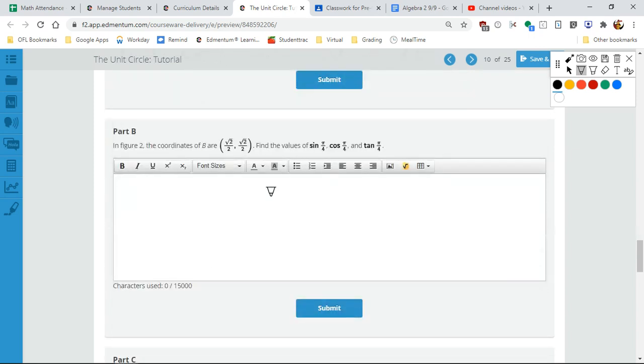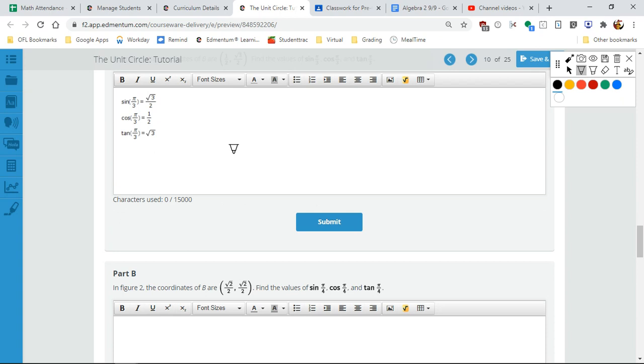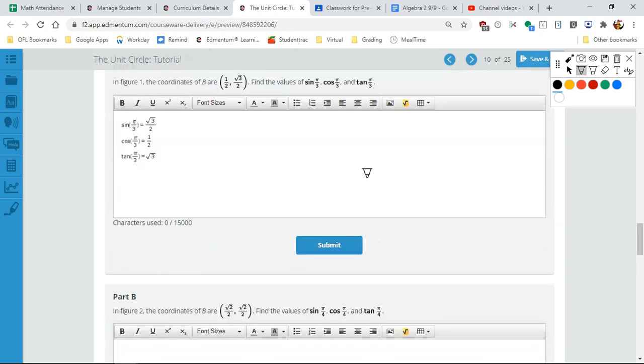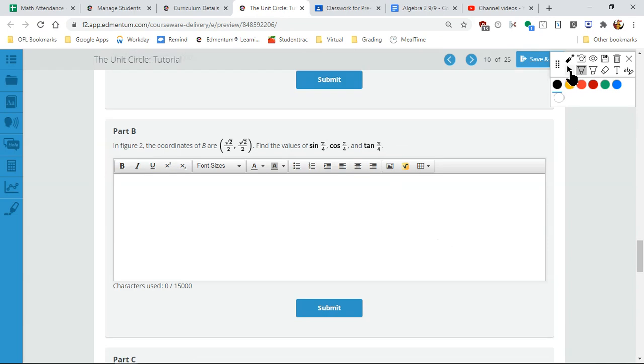So this one, we're talking about square root of 2 over 2. Square root of 2 over 2. So we're talking about our 45-degree triangle. Oh no, my laziness didn't remind me to copy all of this. Now I'm going to have to do it all over again.